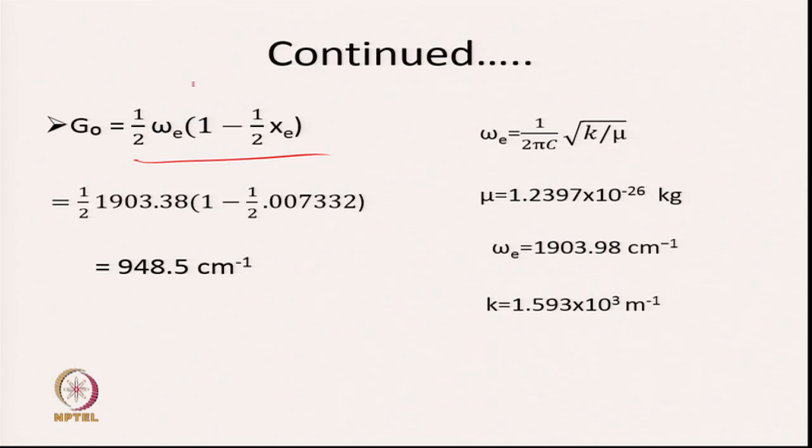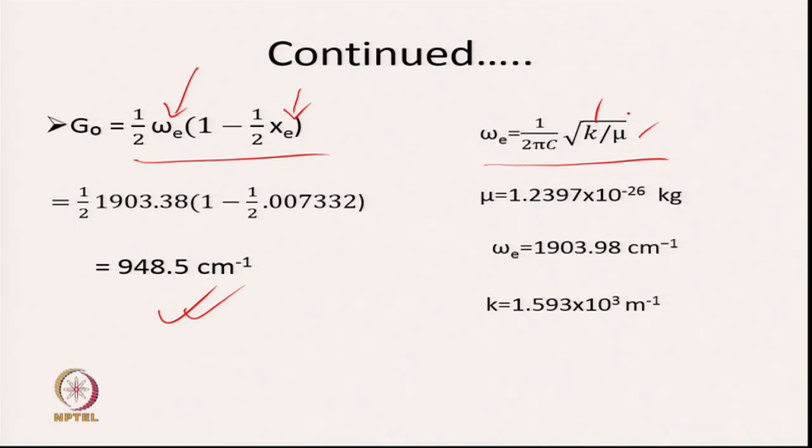So, please just go and see these equations. What I do now is plug in the value of omega e and x e, which I obtained in the previous slide, and when you do that you will get the value of G naught, which is basically the 0 point energy. Now, you can use omega e to get the value of k.